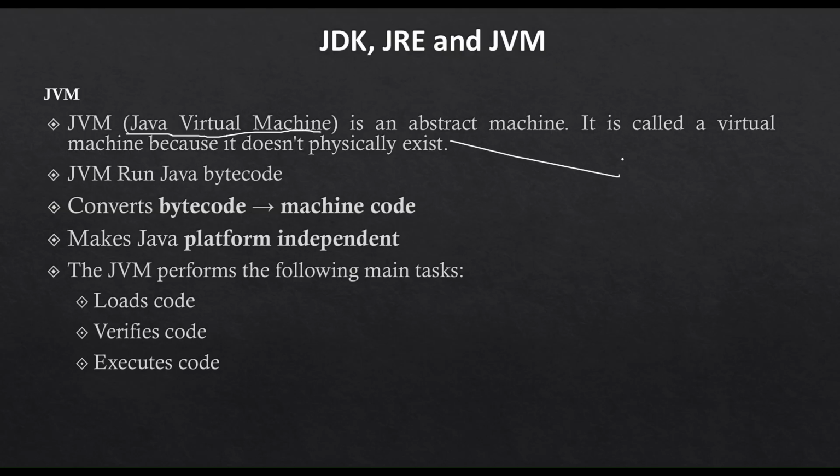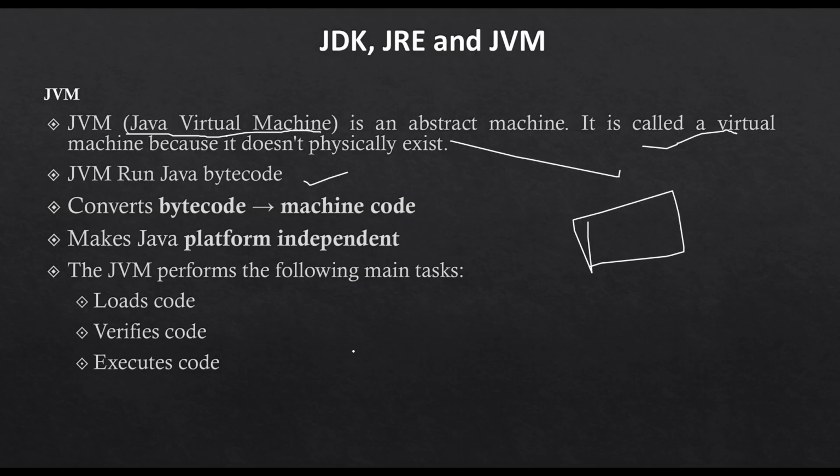It is called a Java virtual machine because it doesn't have a physical existence. It is a machine, but not a physical one. JVM's main role is to run the bytecode and convert that bytecode into machine code.